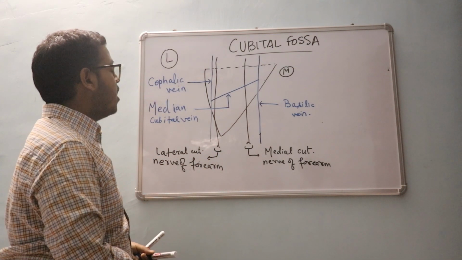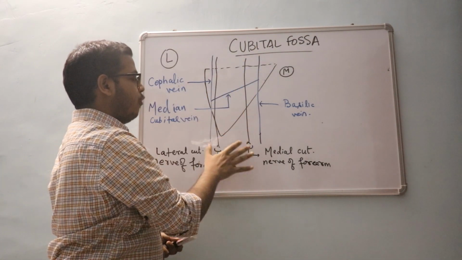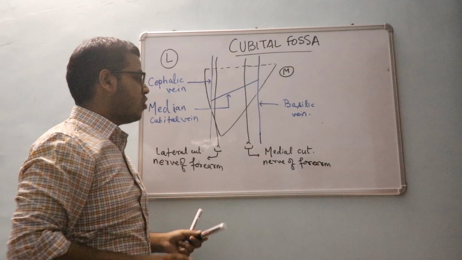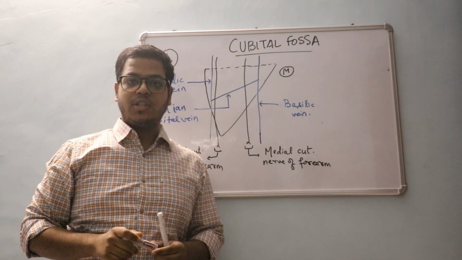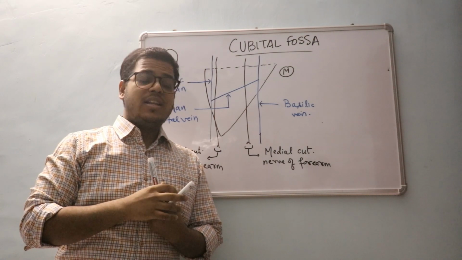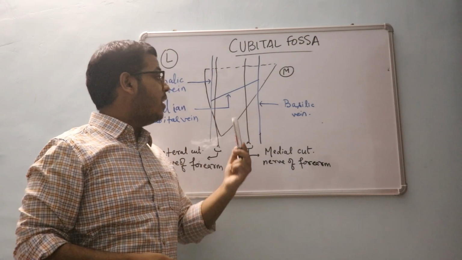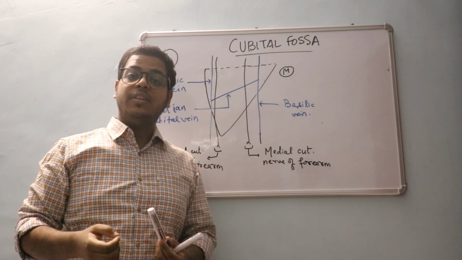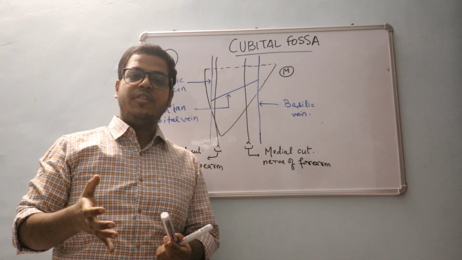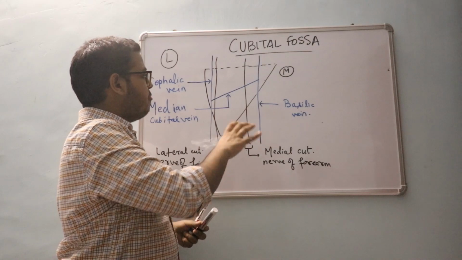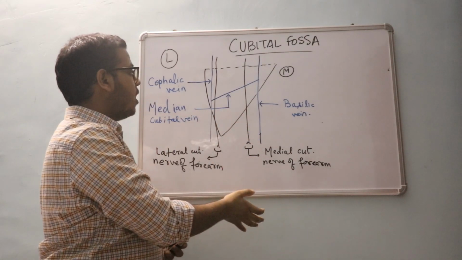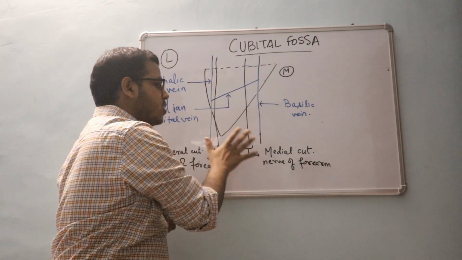Okay, so these are the four, or actually the five major structures present on the roof of the cubital fossa. Obviously we will also have the skin, superficial fascia and deep fascia, which are already present. Apart from that, the major structures are these.